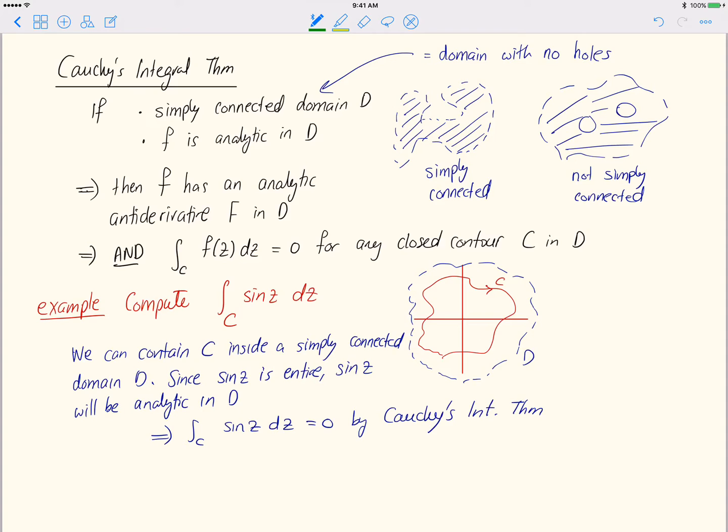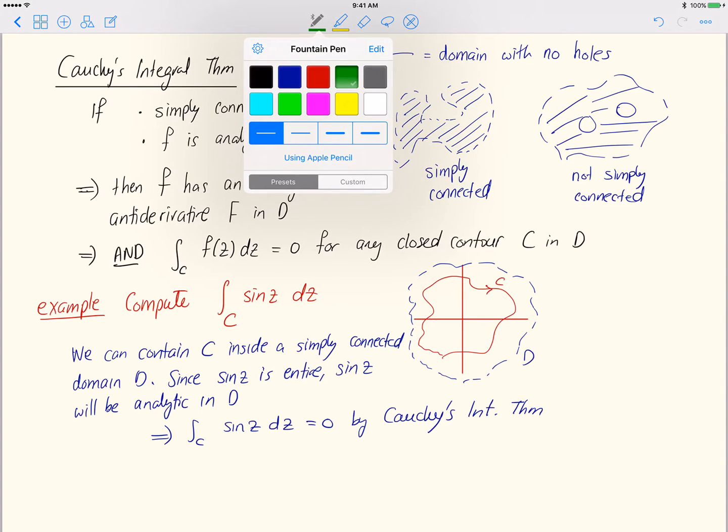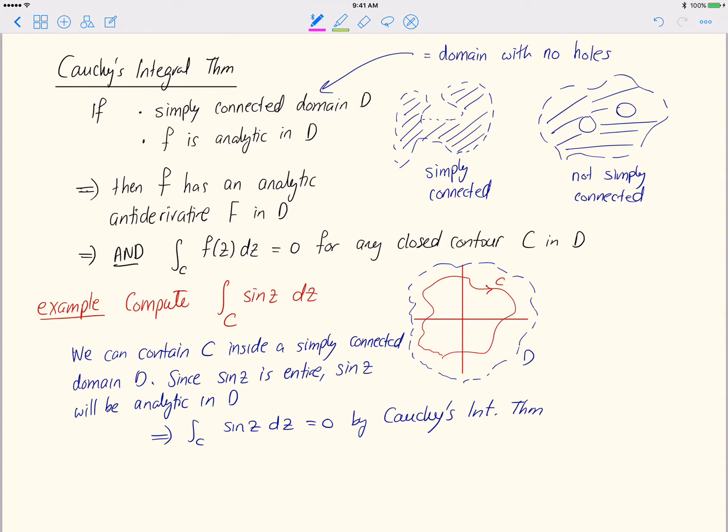If you wanted to do it in the case of this example, what you could do, you could take some point on C, I'll call it Z star.